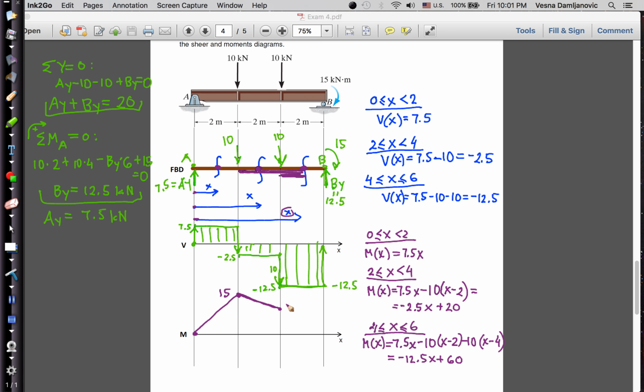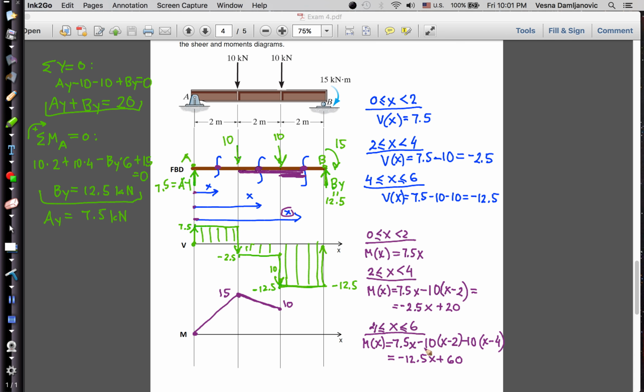And this is 10. And then the last bit, now we're looking at this last section. We substitute 4 into this: minus 12.5 times 4 is minus 50, plus 60 is plus 10. Sure enough, we got the 10 again, so that's correct.